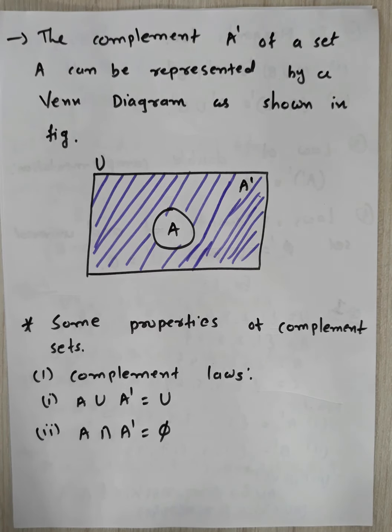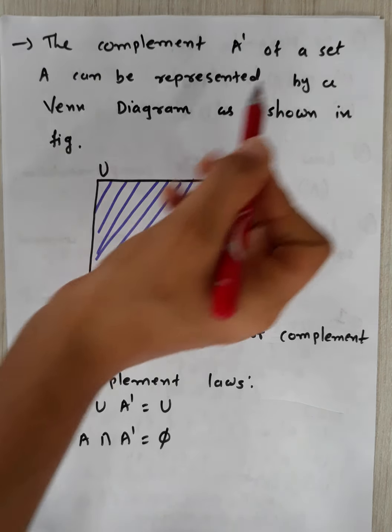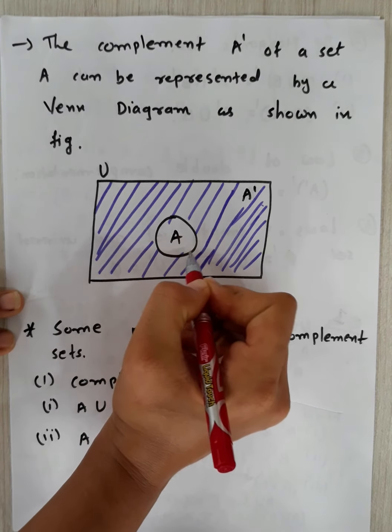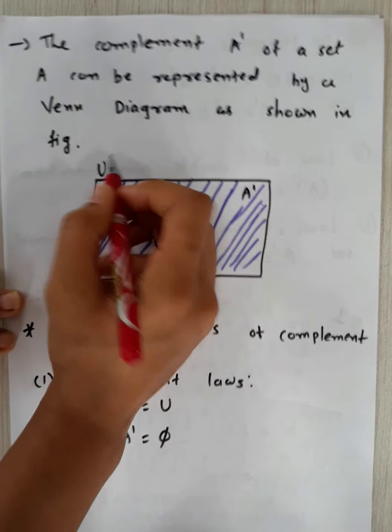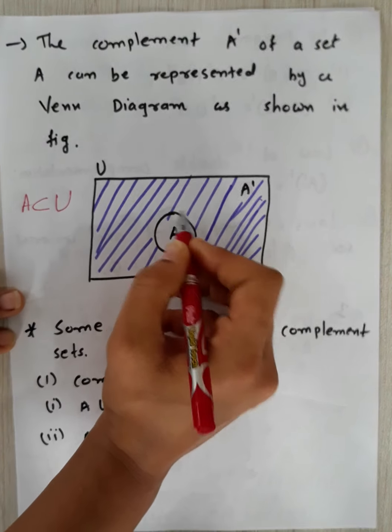Now, the complement of A dash. We have to represent A dash with the help of a Venn diagram. We represented everything with the help of Venn diagrams in previous videos also. Here also we represent A dash with a Venn diagram. This is our A, this is U, and A is a subset of U. That's why we represent A over here.